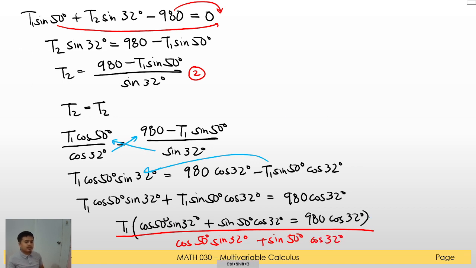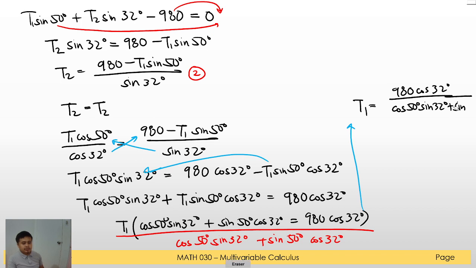Therefore T1 is equal to 980 cosine 32 over cosine 50 sine 32 plus sine 50 degrees multiplied by cosine 32.